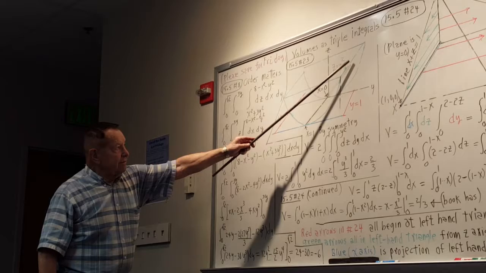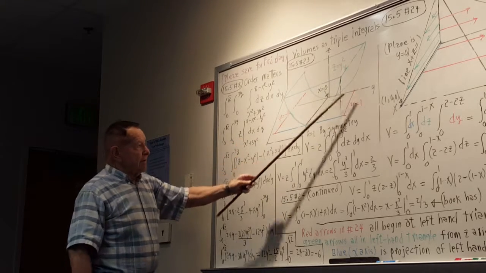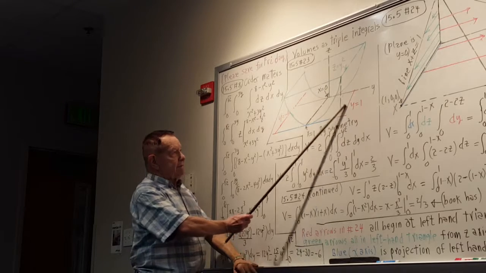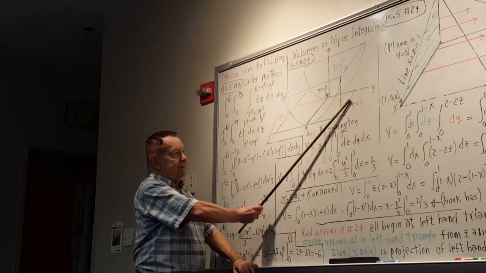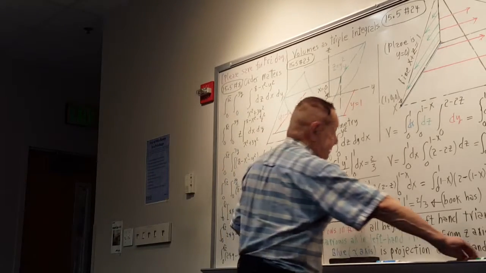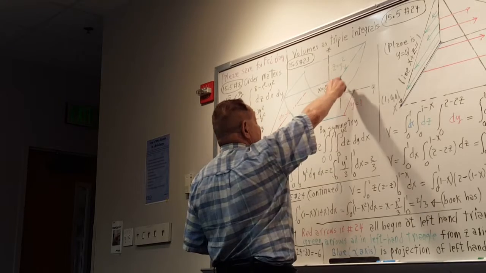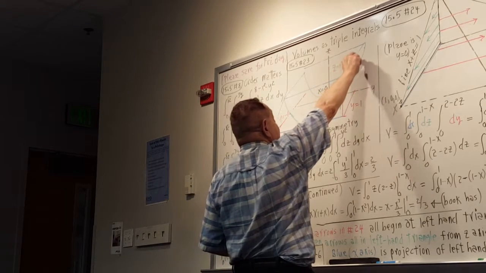You're limiting your volume by intersecting at the plane where y is 1. So the red would come like this, come up here and in there.